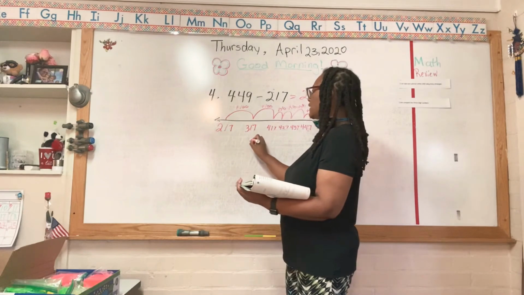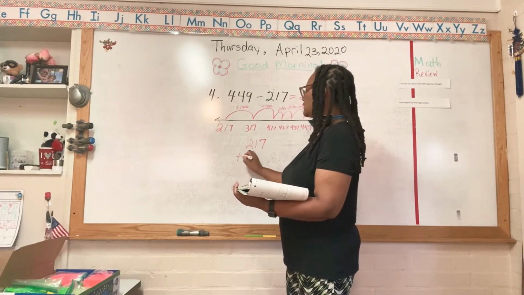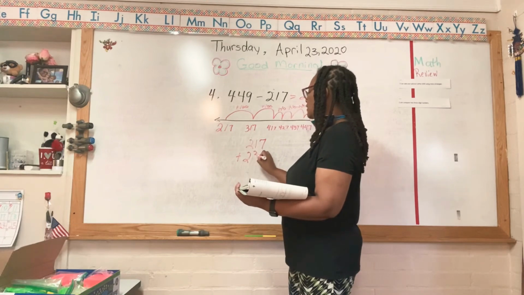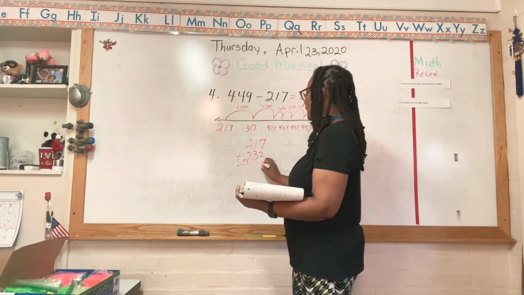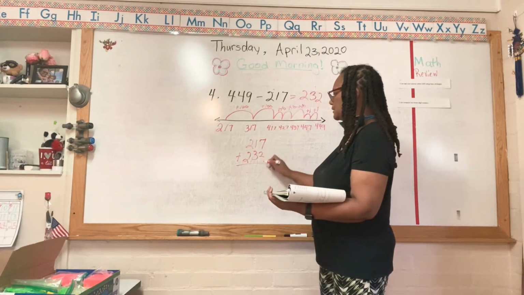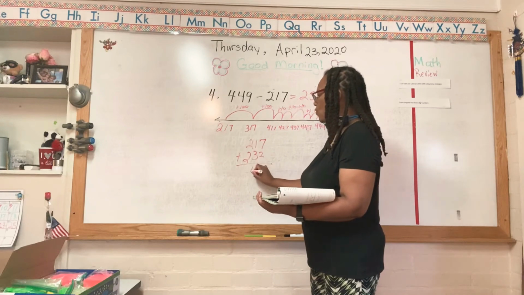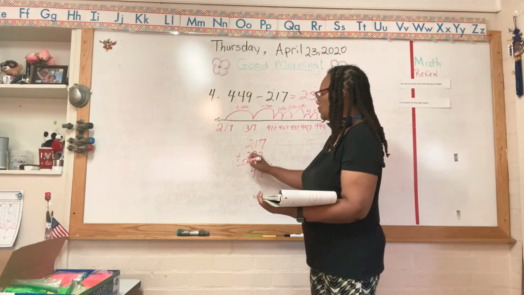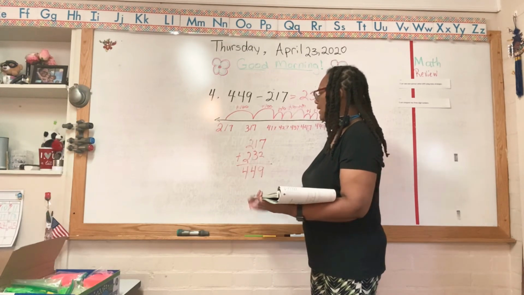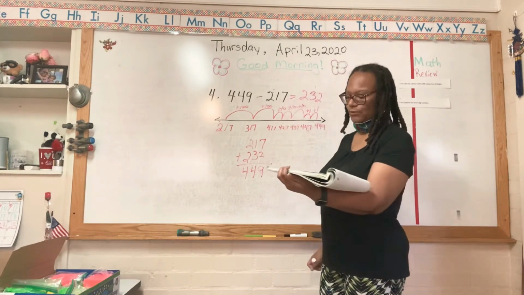So just checking, 217 plus 232, does that add up to that number? 2 plus 7 is 9, 3 plus 1 is 4, 2 plus 2 is 4. Looks the same. I guess it's right.